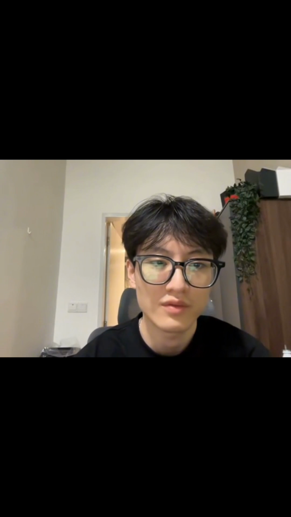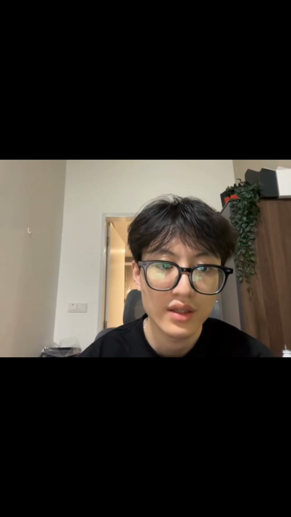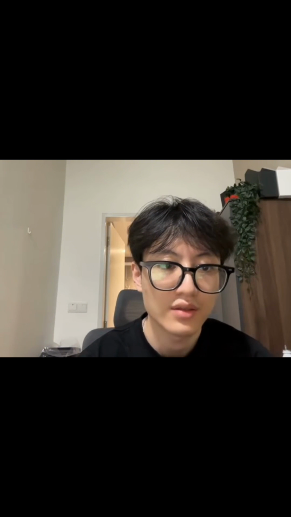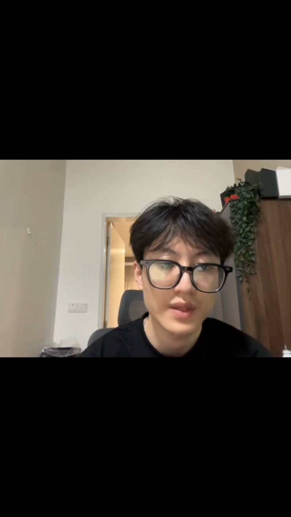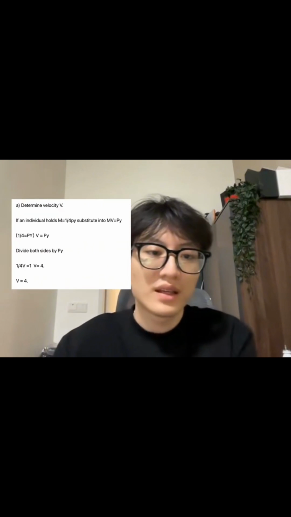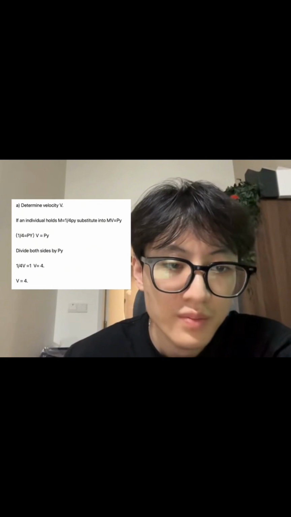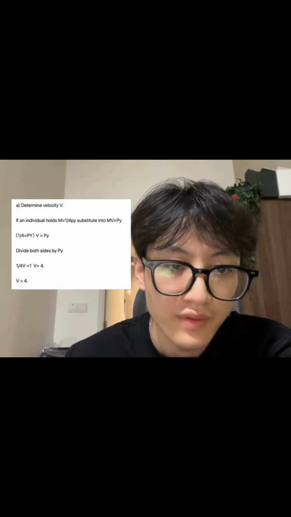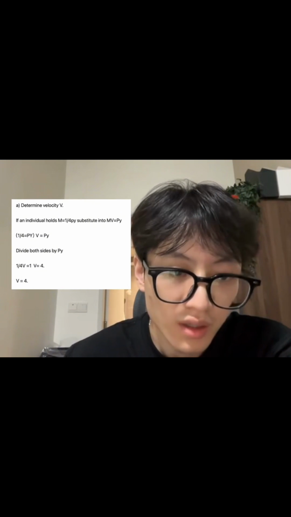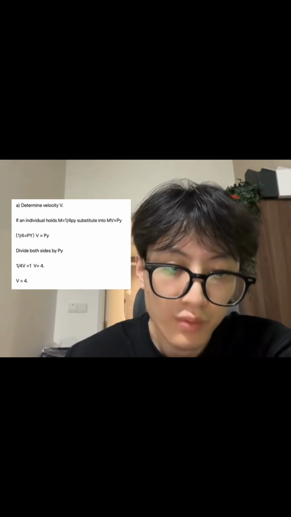Hello everyone, today I'm going to explain question 1 from the classical macroeconomic model tutorial, which is based on Fisher's quantity theory of money, MV equals PY. So first, A. First, we need to know that each individual holds money equal to 1/4 of their nominal income, which means M equals 1/4 PY.